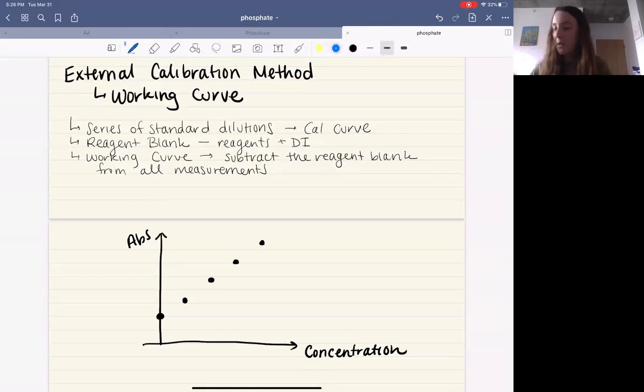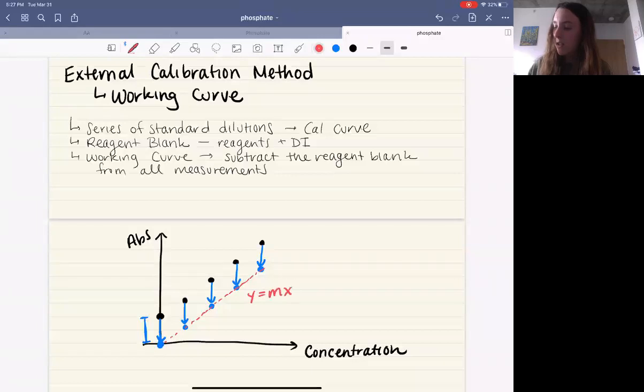But now we know that this amount here is due to the reagents that we added, which means we can move this whole point down to the origin. And similarly, we can move that same distance for all the other points, shift them all down to fix them. And then we can make a trend line through those new points in the working curve.